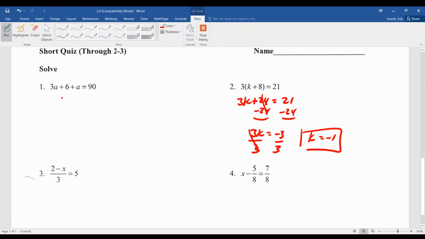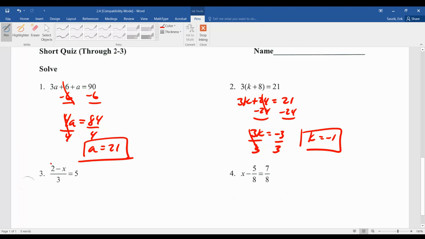Here you combine like terms and move the 6 over at the same time. 3a and a, remember there's an invisible 1 there. Don't forget about that. That's 4a. That equals 84. And you divide by 4 and you get 21.